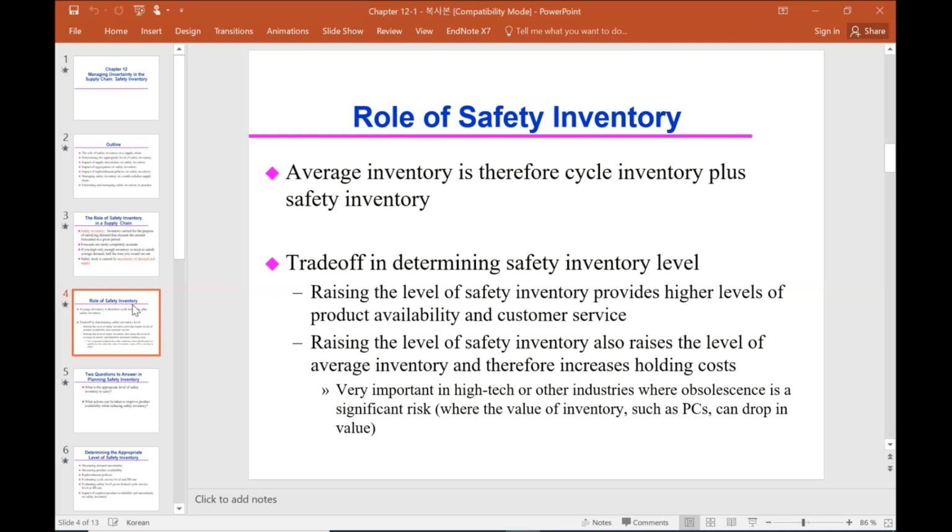Also, in order to increase the safety stock to have a higher level of product availability, you should maintain a higher amount of average inventory in your warehouse, and you have to pay a lot of inventory holding costs. Especially, having a lot of inventory in the high-tech industry is very dangerous because products there normally have a very short product life cycle.